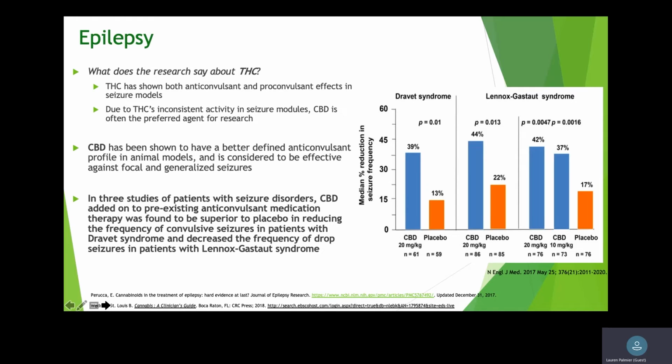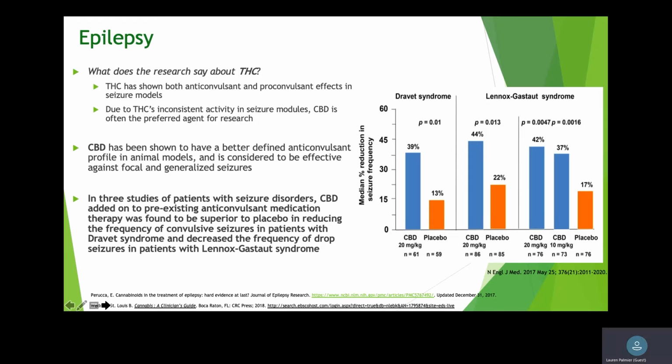In 3 studies of patients with seizure disorders, CBD added on to a pre-existing anticonvulsant medication therapy was found to be superior to placebo in reducing the frequency of convulsive seizures in patients with Dravet syndrome and decreased the frequency of drop seizures in patients with Lennox-Gastaut syndrome.